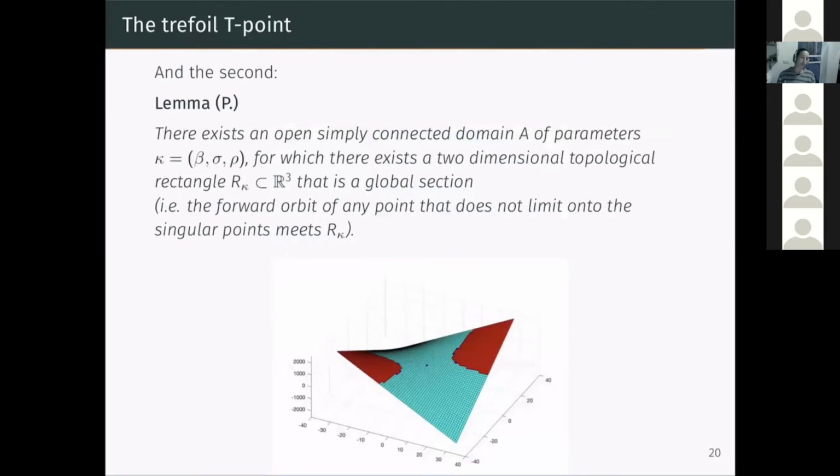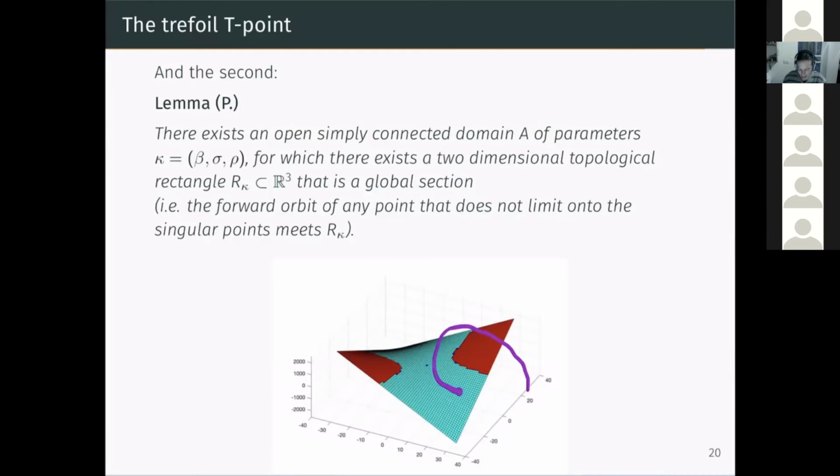Okay, the second component is you can find a simply connected domain where you have a nice cross-section for the flow. In this picture, this is the paraboloid where z dot is equal to 0. Trajectories go up outside of this, they go in through these red domains, and then they go downwards until they go out at some point.